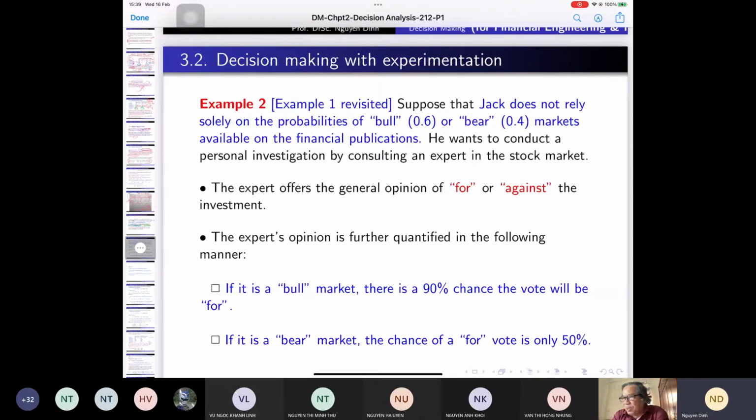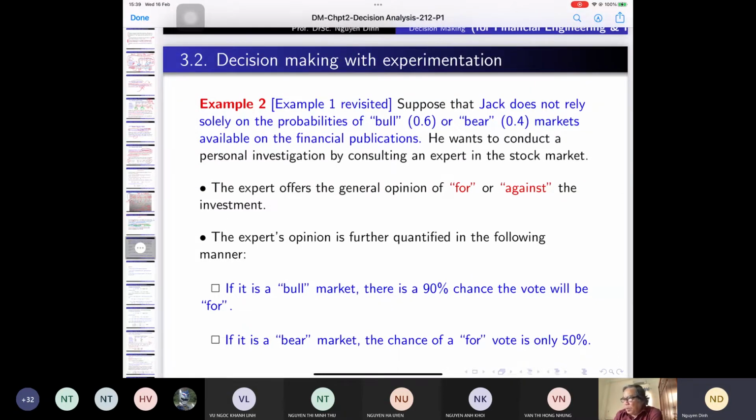Suppose that Jack does not rely solely on the probability that the market is bull at 60% and bear at 40% on the financial publication. Of course, in a financial publication, that is public. Everybody knows this, okay? And it comes from some calculation based on data from the past.